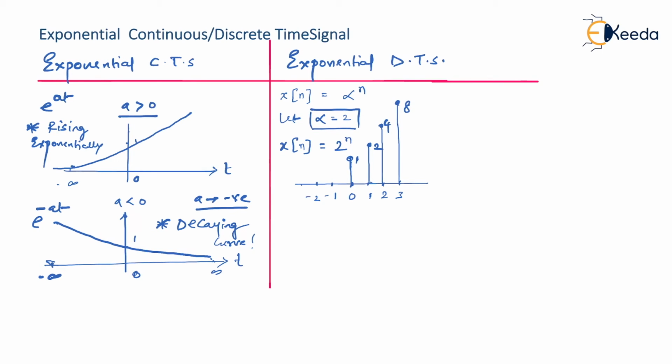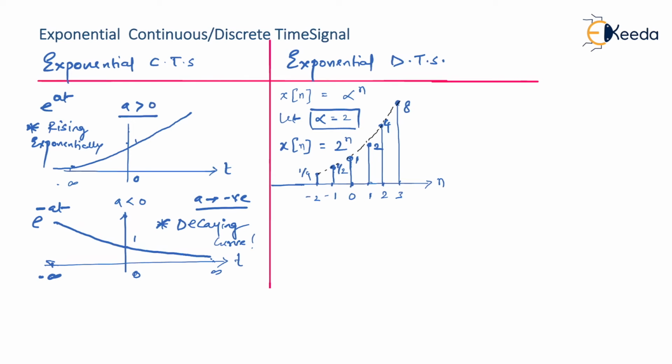Let us go on with some negative values. At n equal to minus 1, 2 to the power minus 1 is 1 by 2, which is less than 1. Then for n equal to minus 2, I'll be getting 1 by 4, and so on. Now if you see carefully, it is rising exponentially.